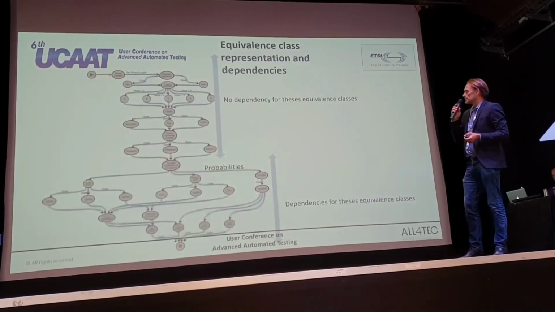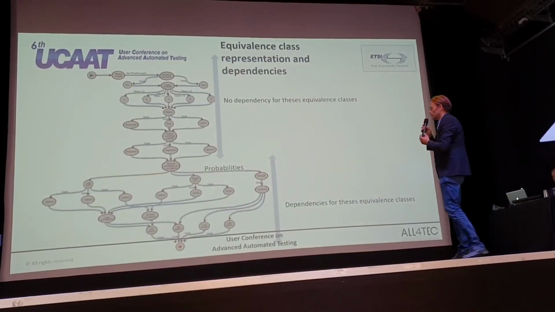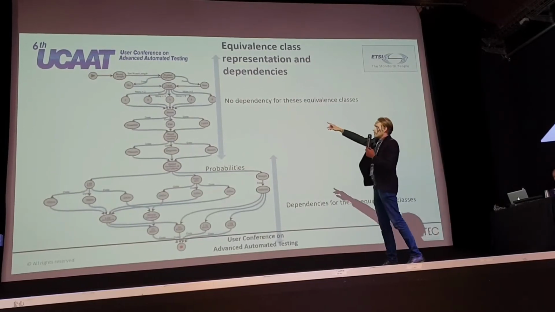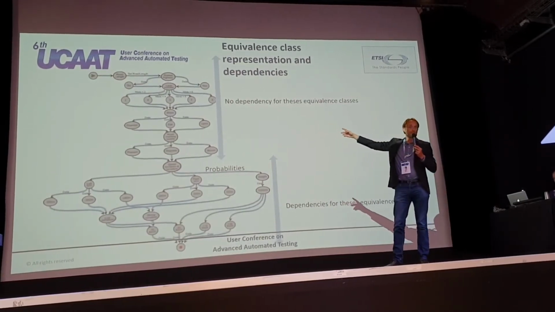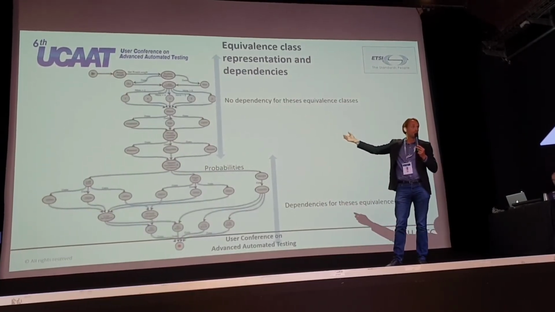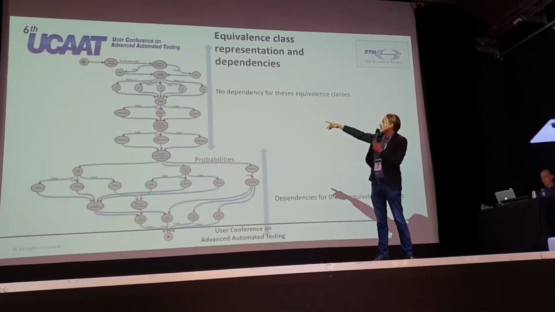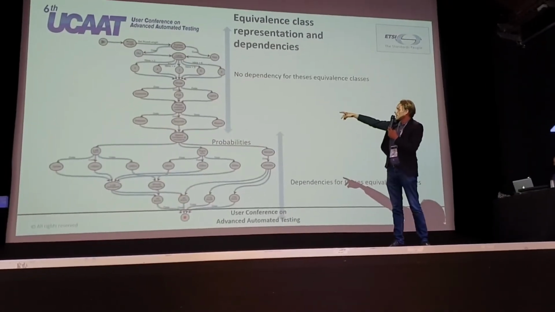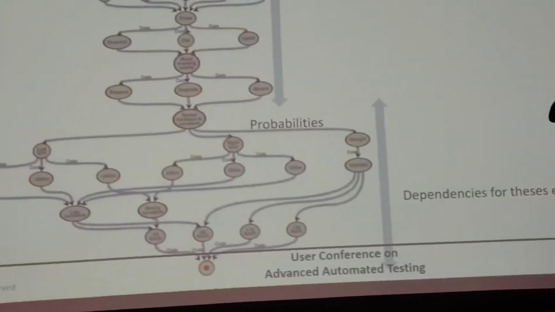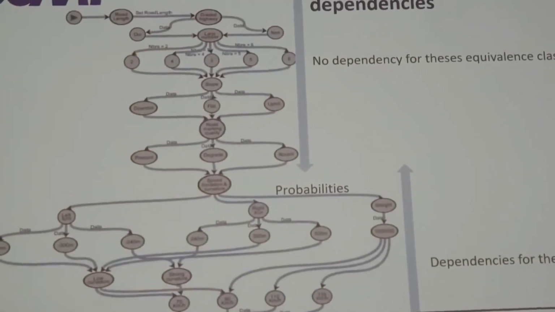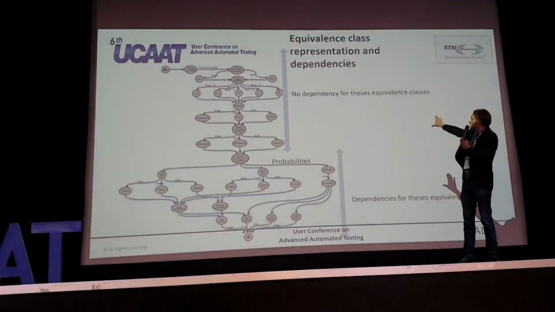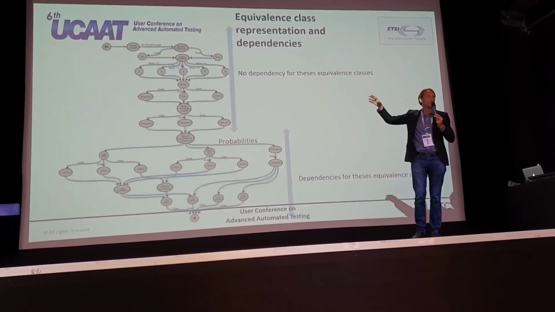Here is a kind of model where we see, for example, the road. In this model, all the equivalence classes are designed with a state. For example, here we have the number of lanes, the downhill, the slopes, and at the top here, all the equivalence classes are not dependent.